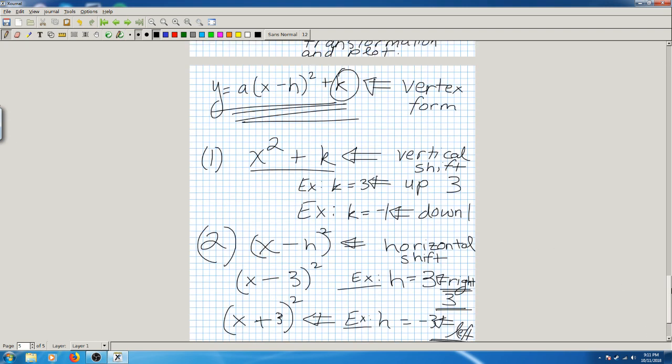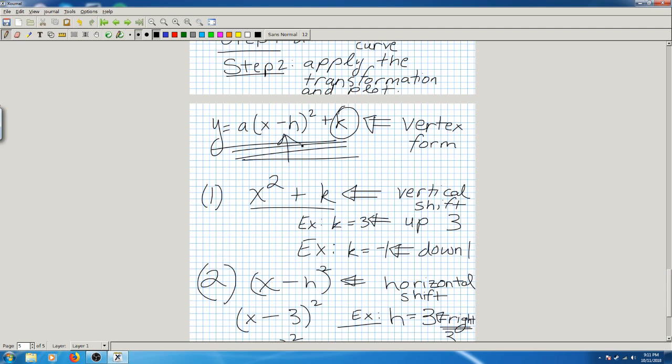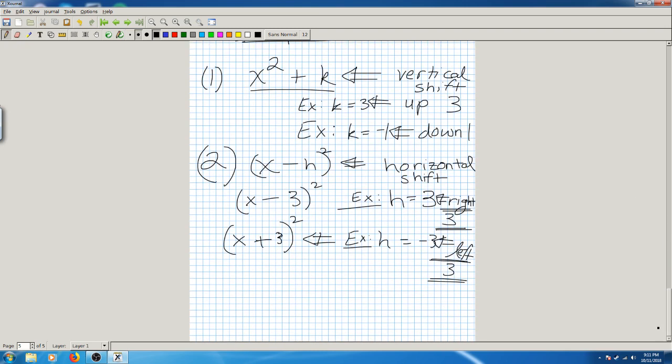That h is also embedded inside the vertex form. The last bit has to do with the stretches and actually reflections. So we did an example in the homework where you had 1a out of the textbook. It was plot y equals negative 3x squared.